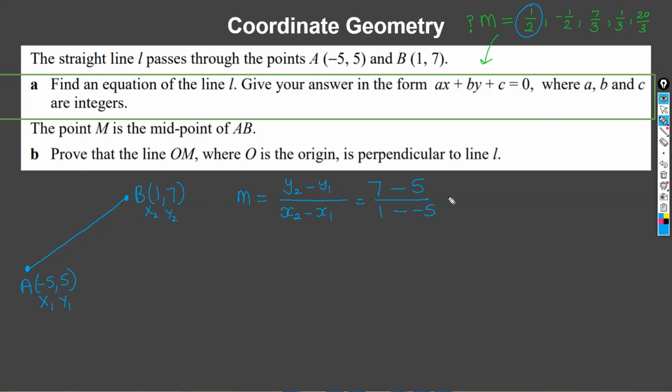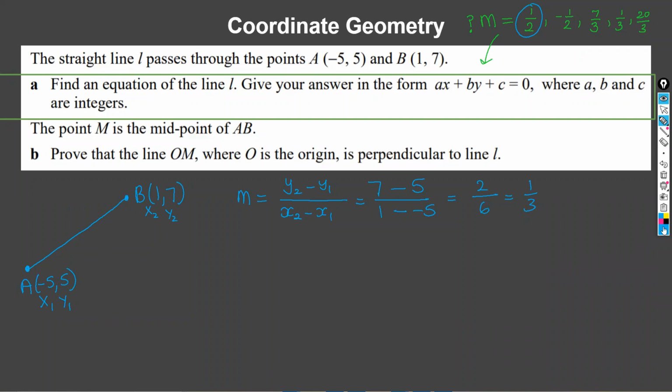So two minus signs touch on the underneath. 7 minus 5 is 2. And 1 plus 5 is 6. So I think the answer is 1/3, because when you simplify. I'm not too sure why so many people got a half. But the gradient is 1/3.